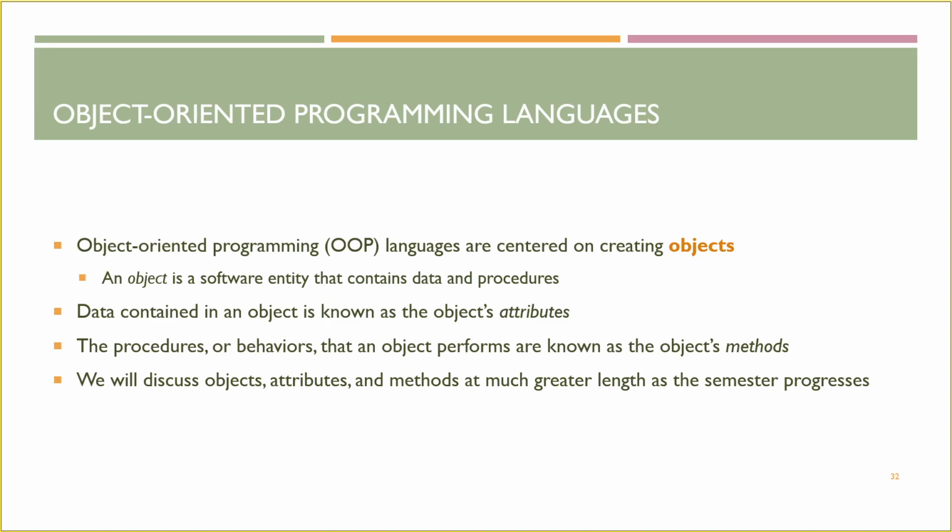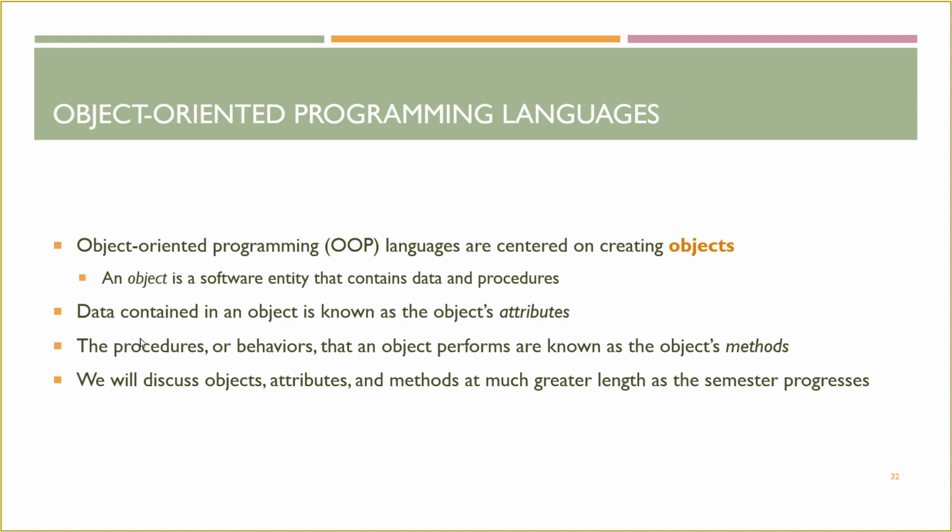So let's think about a student object. If I wanted to create an object that models a student, what kind of data would I want to know about a student? Maybe the student's first name, maybe their last name, maybe their GPA, what courses they're in. All of that stuff is data about a student object, also known as its attributes.